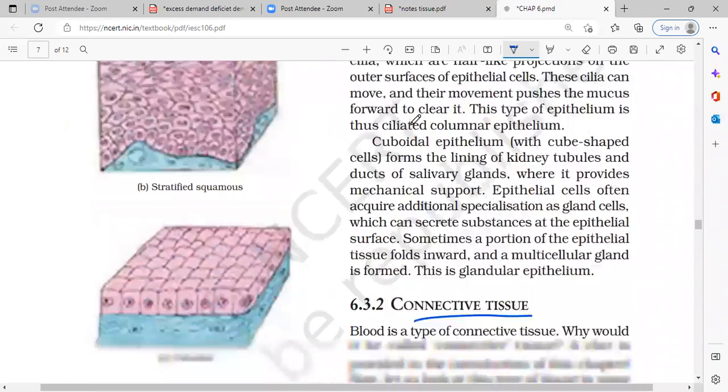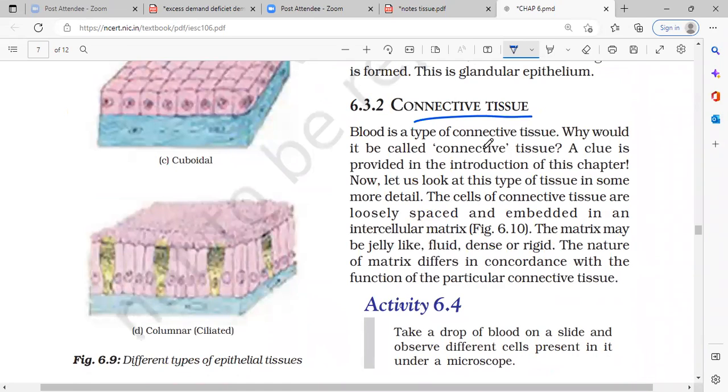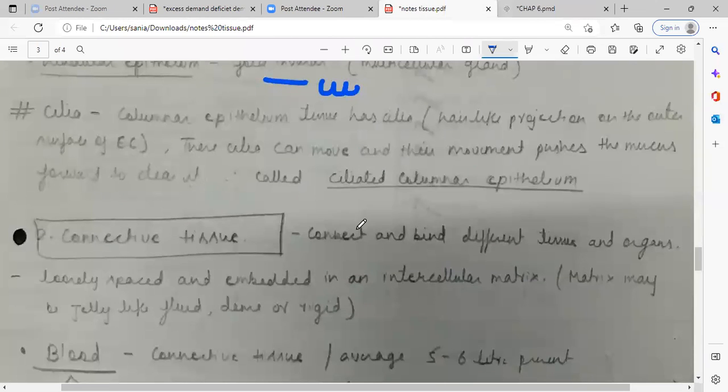Now we will be doing the next tissue, which is connective tissue. Ma'am, what is connective tissue basically? Let's discuss connective tissue. Connective tissue connects and binds different tissues and organs. They are loosely spaced and embedded in an intercellular matrix, and the matrix may be a jelly-like fluid or rigid. Clear?